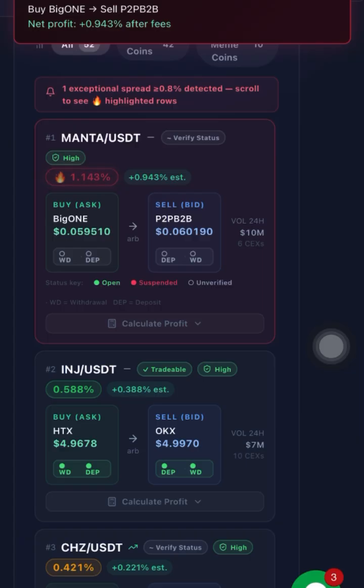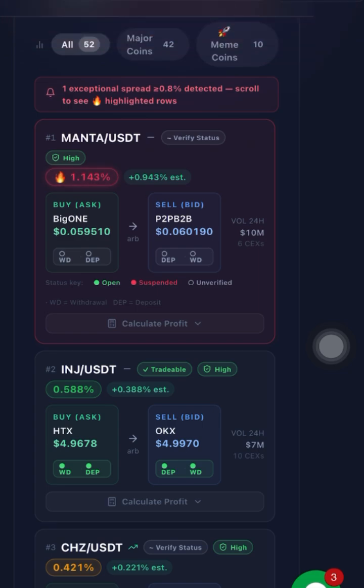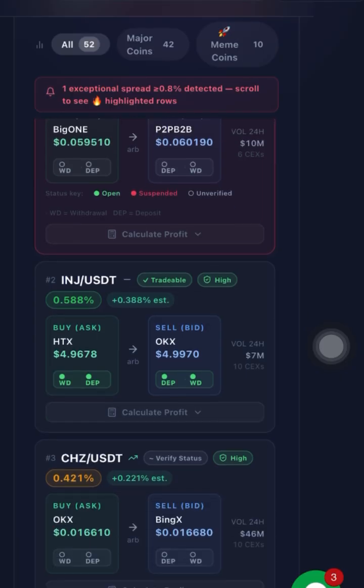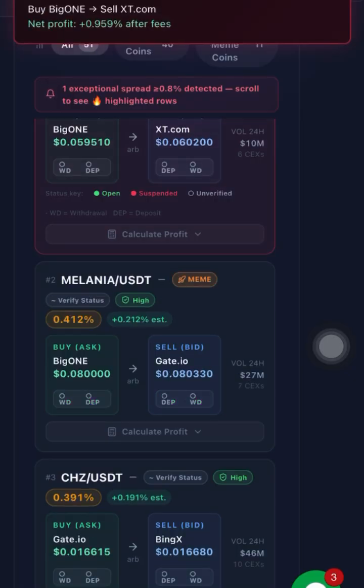After selling your particular coin and getting your money in USDT, when you're transferring the money to the other exchange to do the trade again, you know that you don't have to choose TRC20, BEP20, or ERC20.